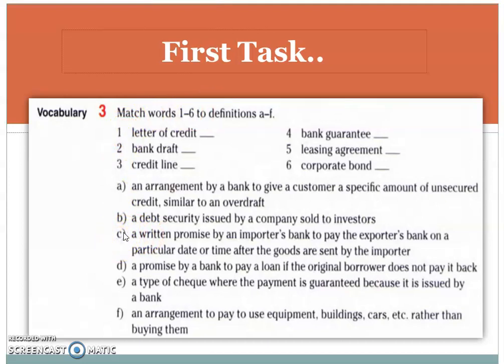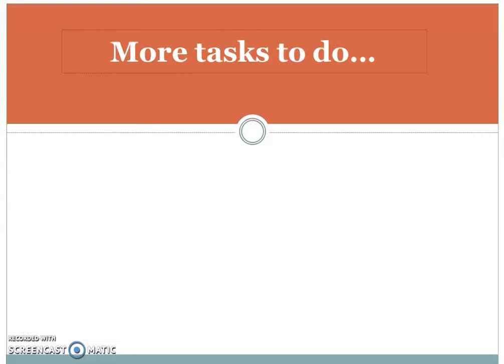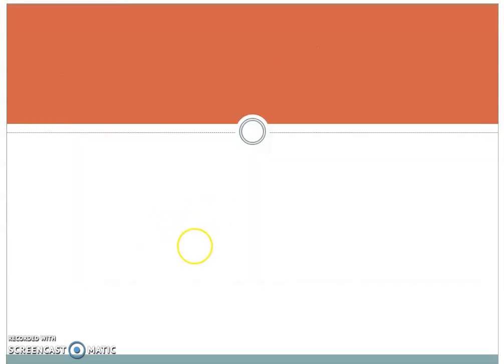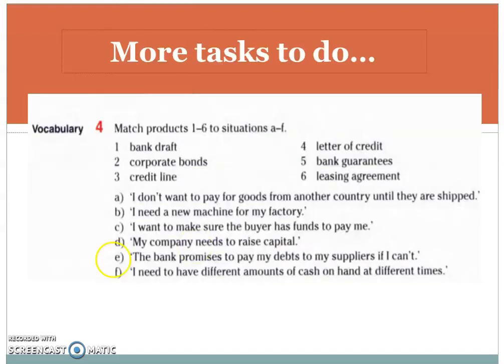Okay? So now let's move to the other tasks. More tasks to do. Again, we have more vocabulary work to do. Vocabulary words to answer. Sorry, here we need to match again.